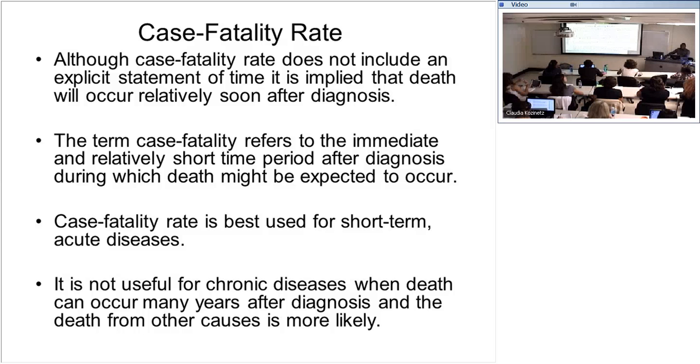So if somebody has hypertension and you want to measure case fatality rate, it may not be accurate because it has a long duration. People might die from other causes aside from the hypertension. But if the person has Ebola, you know that within 1 to 3 weeks, he is dying from the Ebola. He could die from maybe a road traffic injury, but counting in that instance is more accurate.